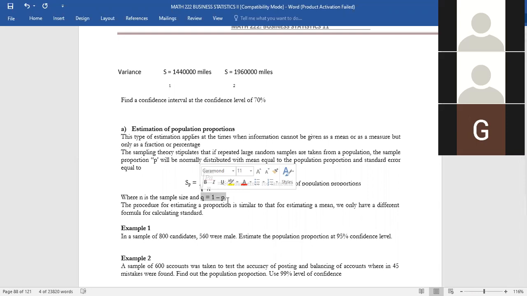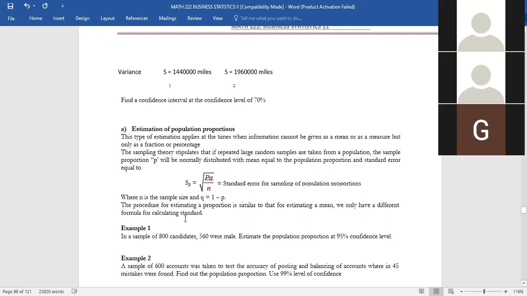I hope you have recalled. So we are talking of the square root of PQ over N, but we know that Q presented in form of P is 1 minus P. Tuko pamoja?